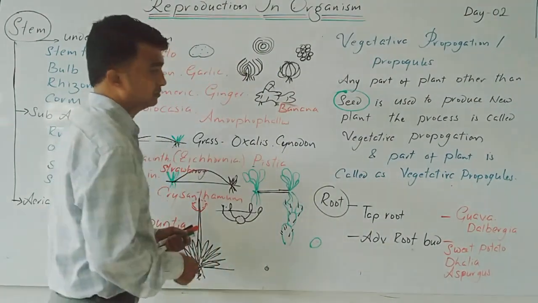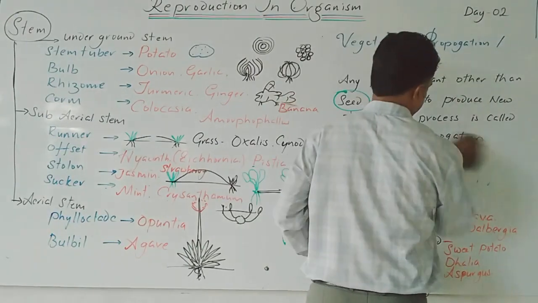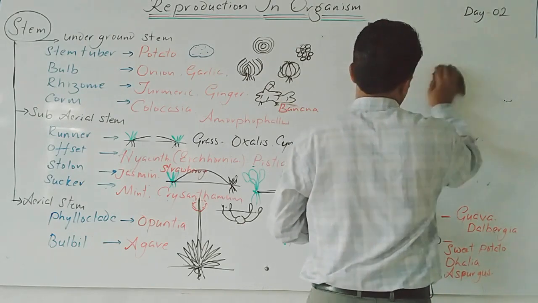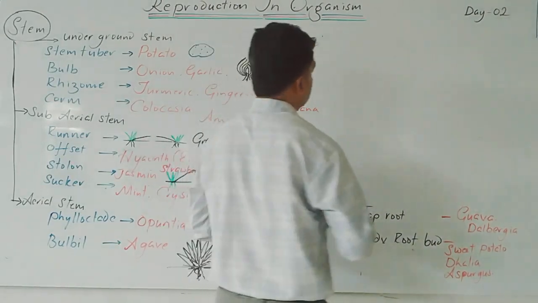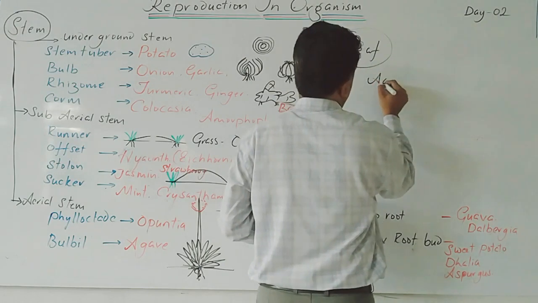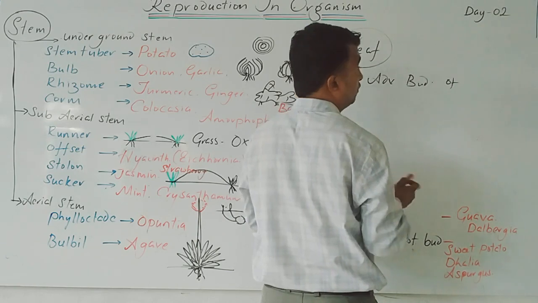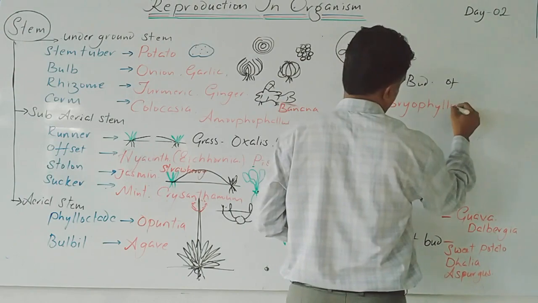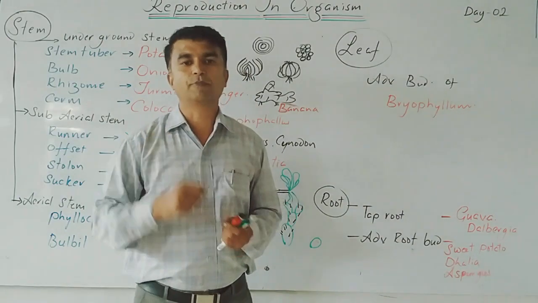In case of leaf, when you take the leaf example, the last one is bryophyllum. Bryophyllum is also used as a vegetative propagule.